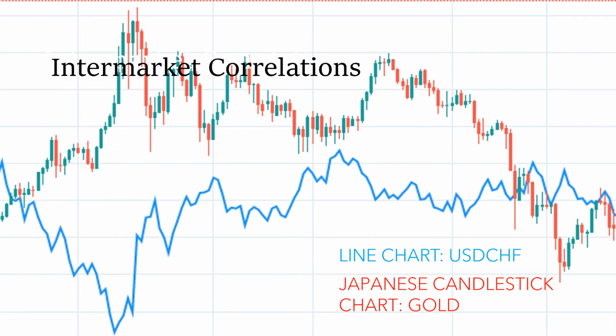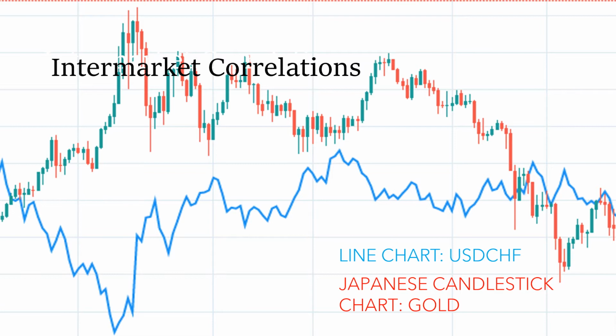The Swiss franc also is positively correlated with gold, but for a different reason than the Australian dollar. The Swiss franc is positively correlated with gold because more than 25% of Switzerland's money is backed by gold reserves. Gold has a negative correlation with the US dollar to the Swiss franc.